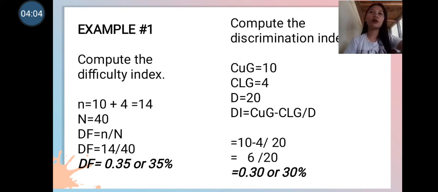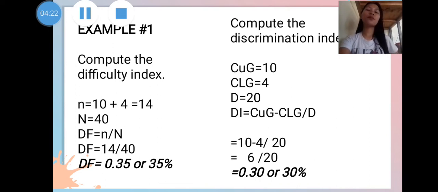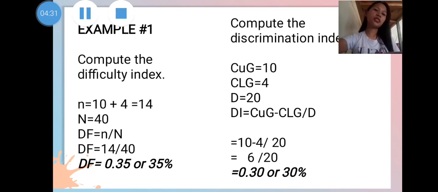The CUG and CLG are for those students who got the correct answer in the upper group and the lower group. And we have D is equal to 20.